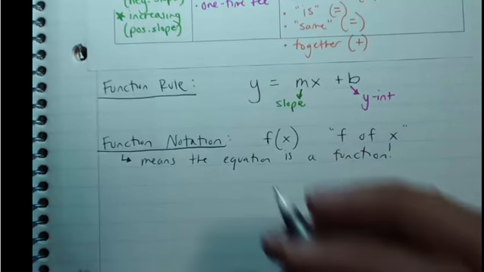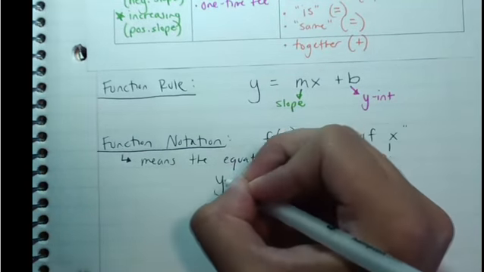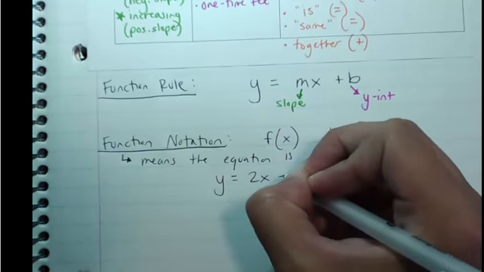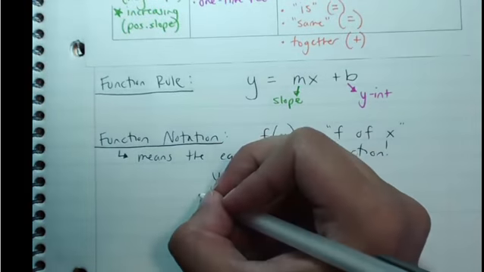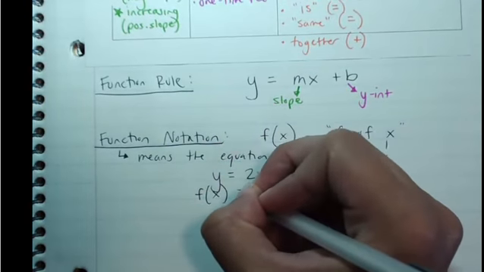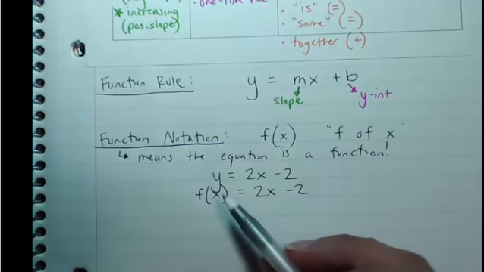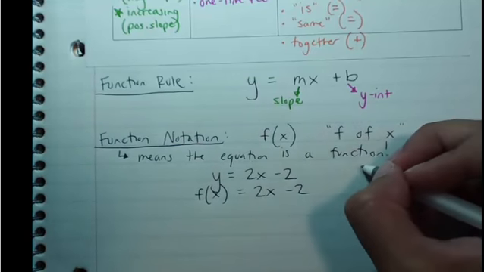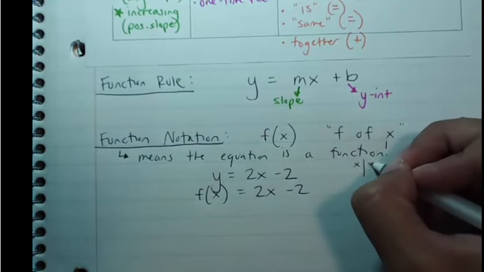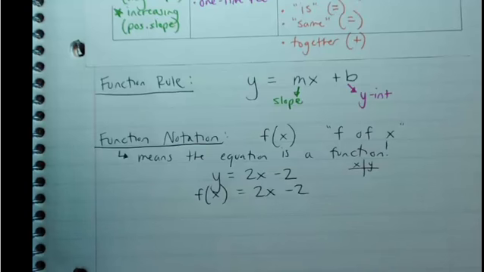So again, if I give you a function rule, y is equal to 2x minus 2, another way that could be written is f of x is equal to 2x minus 2. They just replace the y. It means the same thing. If they give you the first one, your xy table would look like this, x and y.